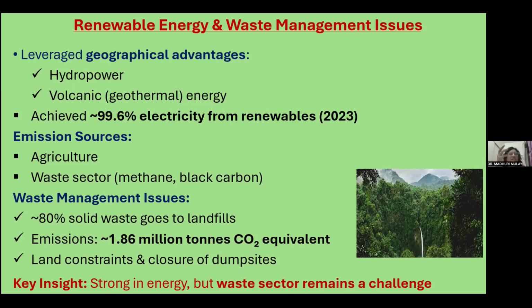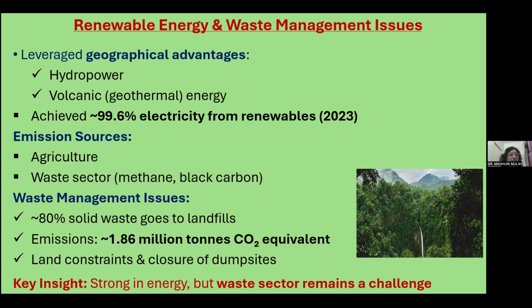So they leveraged the geographical advantages to create hydropower and geothermal energy, because Costa Rica is located on the Ring of Fire, which provides intensive volcanic activity and big geothermal potential. With this, they achieved 99.6% electricity from renewable sources by 2023.